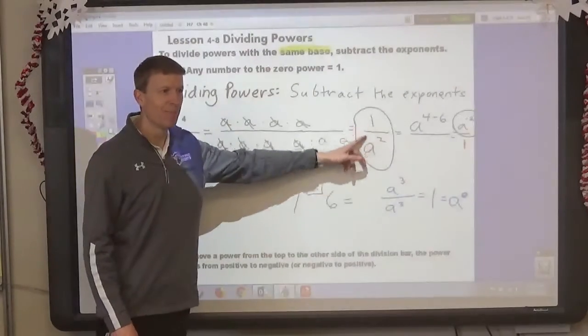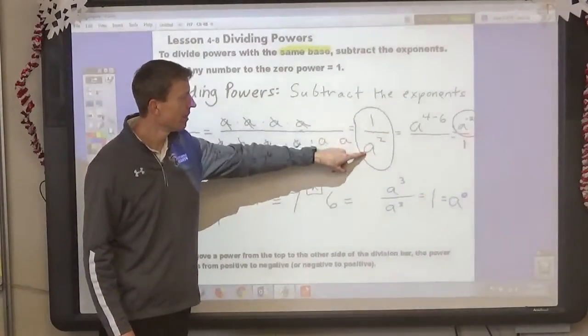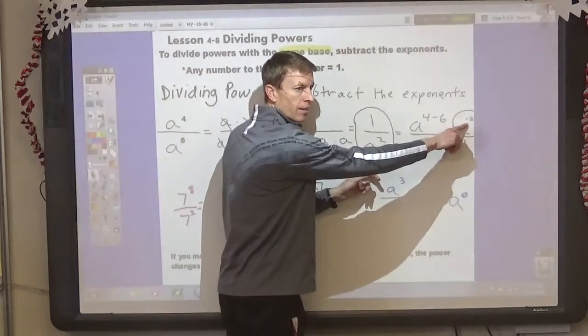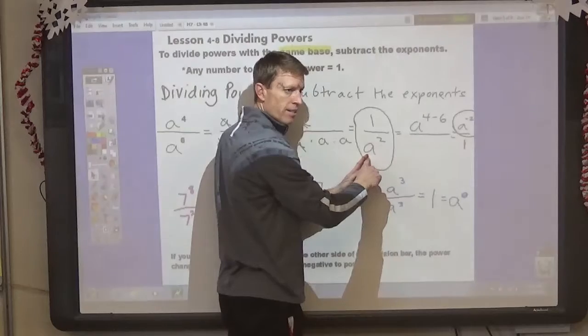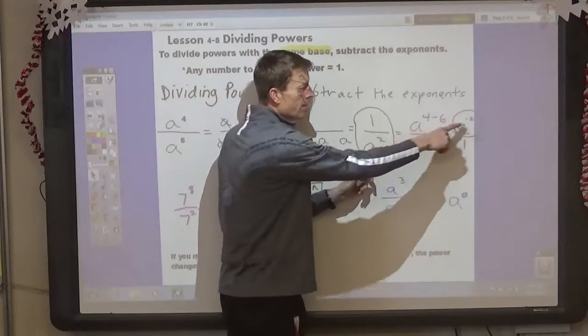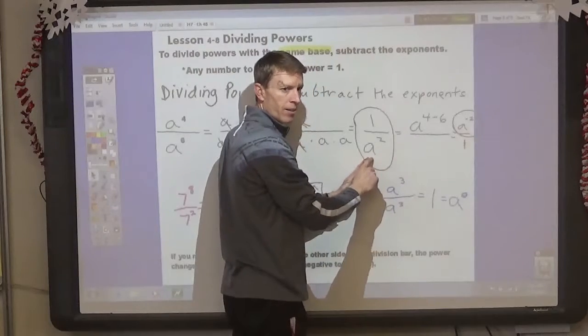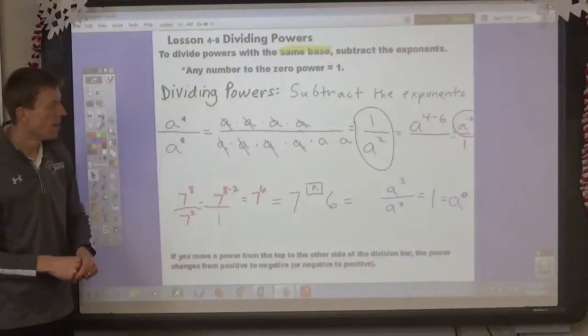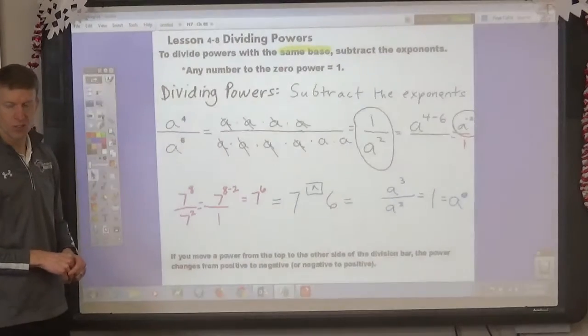Bennett? 1 over a squared. Yeah. So when the negative is on the top line, it's positive when it's in the denominator. It's like the reciprocal of a squared.